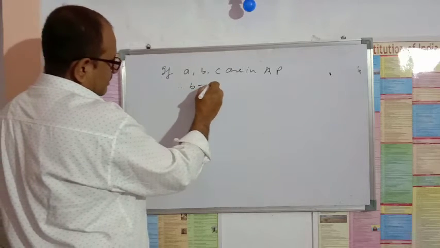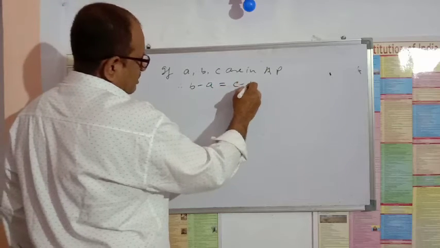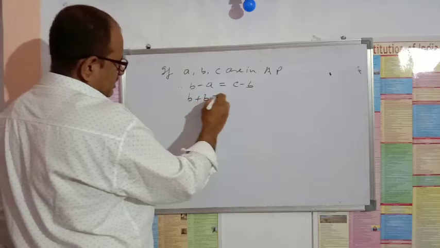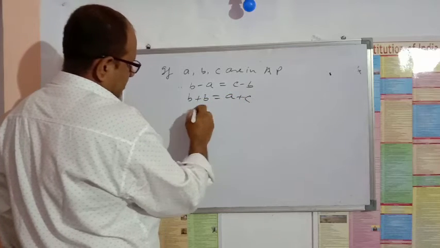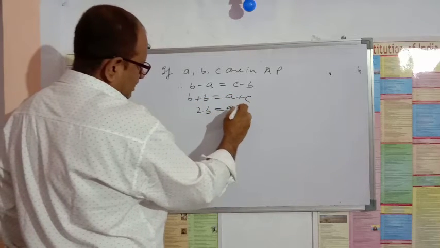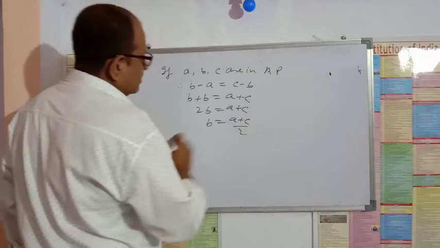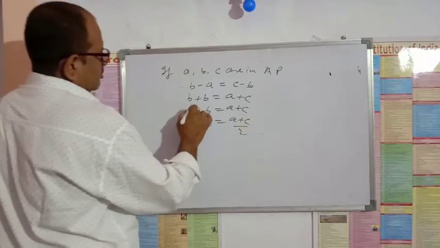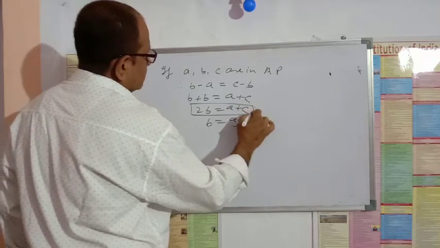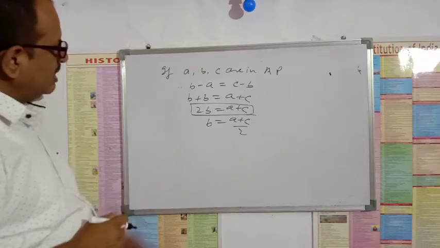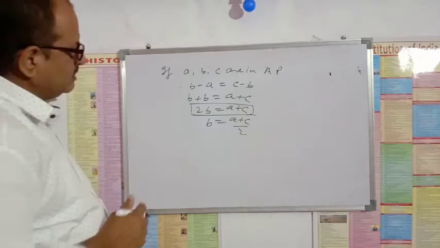So we can write B minus A is equal to C minus B. Transpose B to one side: B plus B is equal to A plus C. 2B is equal to A plus C. What will be B? A plus C by 2. If A, B, C are in AP, then 2B is equal to A plus C, or B is equal to A plus C by 2.